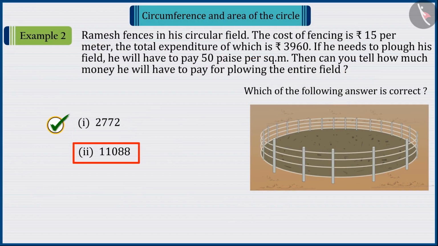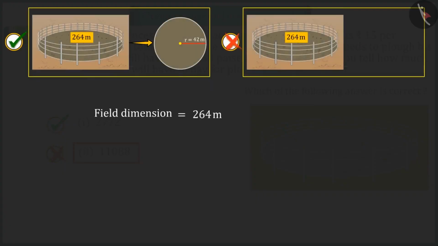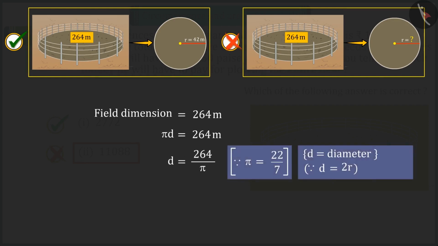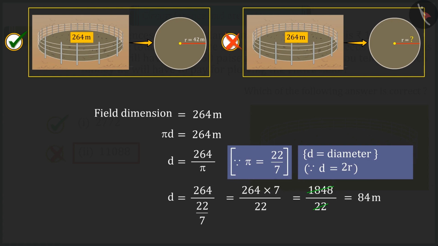If you have selected option 2, it was a good try. But it was the wrong answer. Because to find the radius of the circle, you use in the formula of circumference d instead of 2r, and assume the value of d as the radius, that is, the value of r.